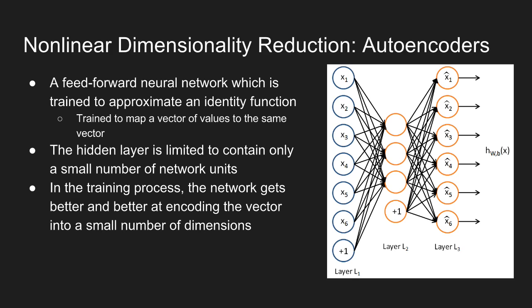As I train this neural network, it learns to better embed this high-dimensional vector into this low-dimensional hidden layer. That's the training process: I'm trying to get a better and better approximation in the hidden layer to my full data vector. So that's an autoencoder, useful in natural language processing, which I'll touch on next.